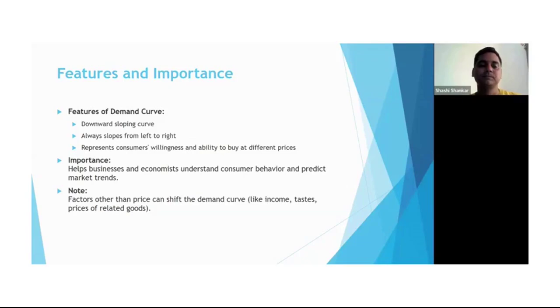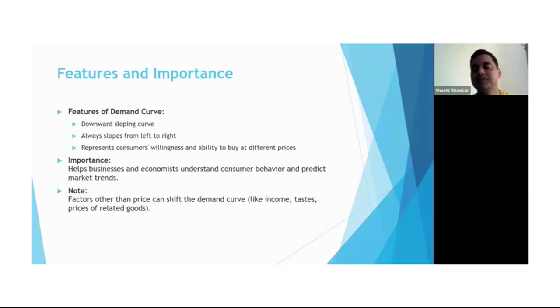Here, one thing I would like to emphasize is the factors that can shift the demand curve. There are a couple of factors that affect the demand curve, shifting it from here to there, like income.